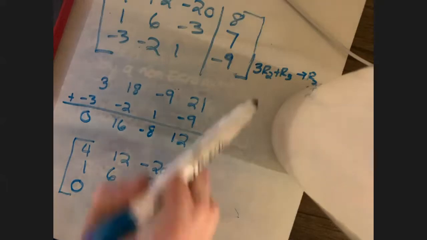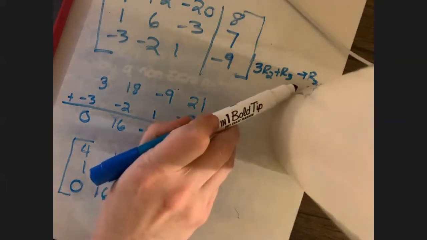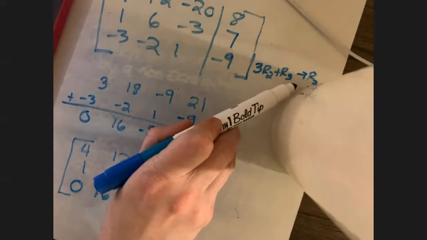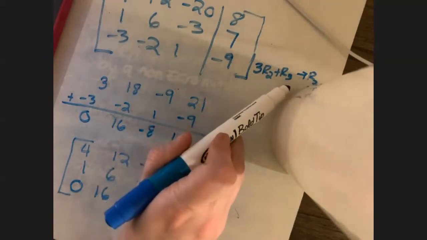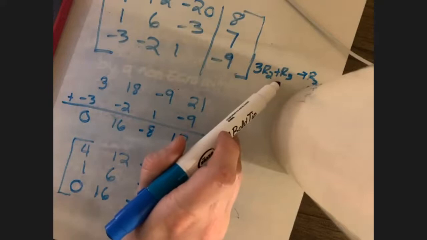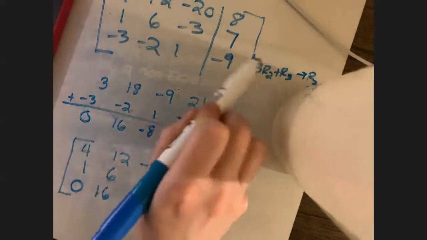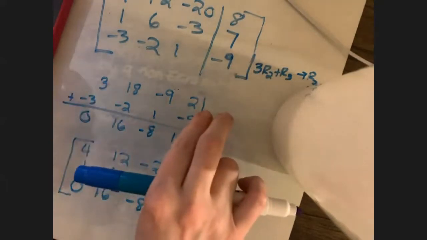So, like I said, I always put where this is headed so that I know, okay, that's going to now be my new row 3, or that's going to be my new row 2, just so that I have an idea of where I'm placing that in this new answer line. Anytime I am doing this type of stuff, I always write it down, okay?